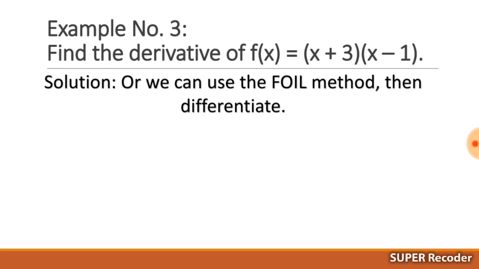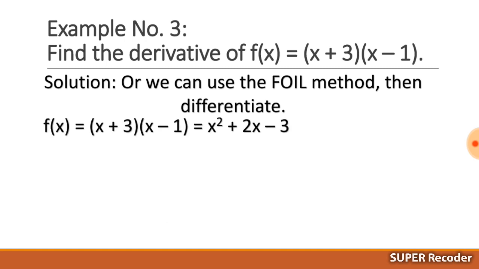After we get the product of the two functions, then we're going to differentiate, or find the derivative. It will become like this if we use the FOIL method: x squared plus 2x minus 3.